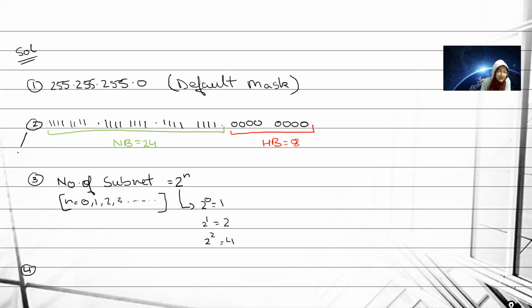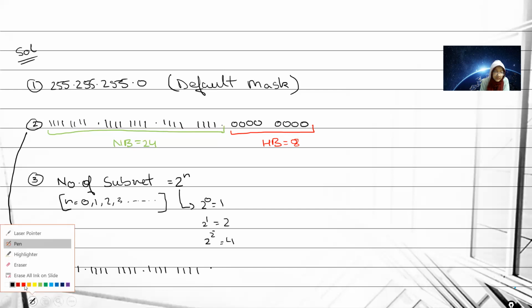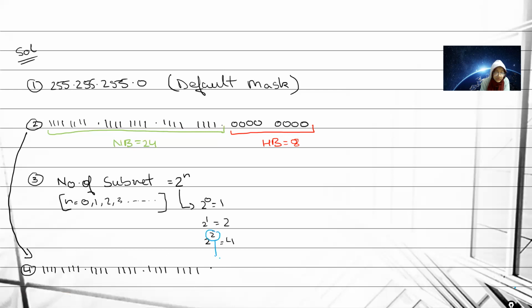We copy the 2nd step here: 1, 2, 3, 4. This is our host bit portion. Here, these 2 bits will be added here, 1, 2, and the rest will now be host bits.